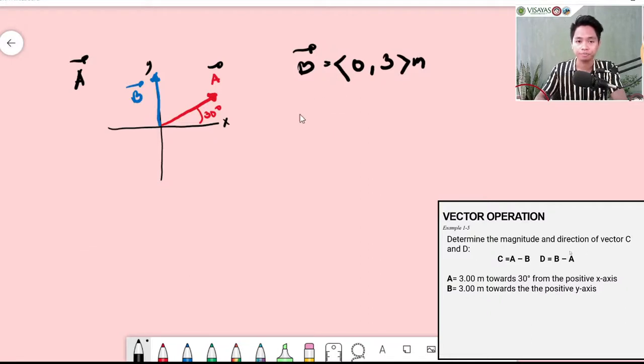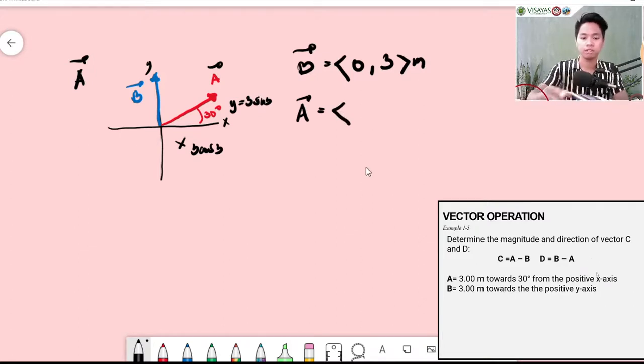How about for A? For A we will be having your x here. Your x component is 3 cosine 30, right? And for your y here, that would be y is equal to 3 sine 30. So let's just directly substitute it. We have 3 cosine 30.